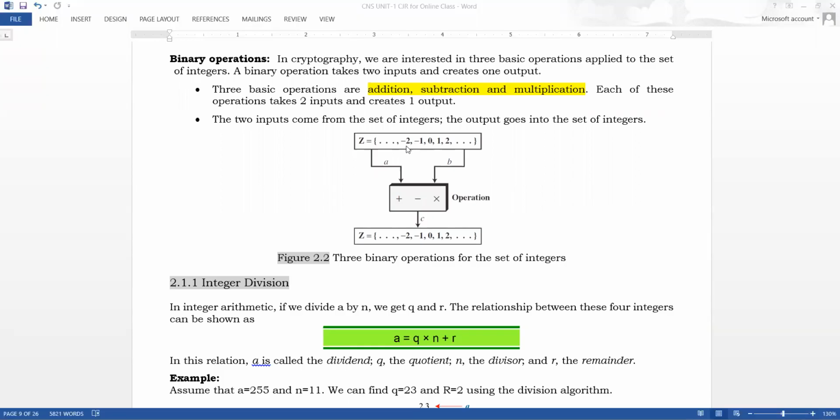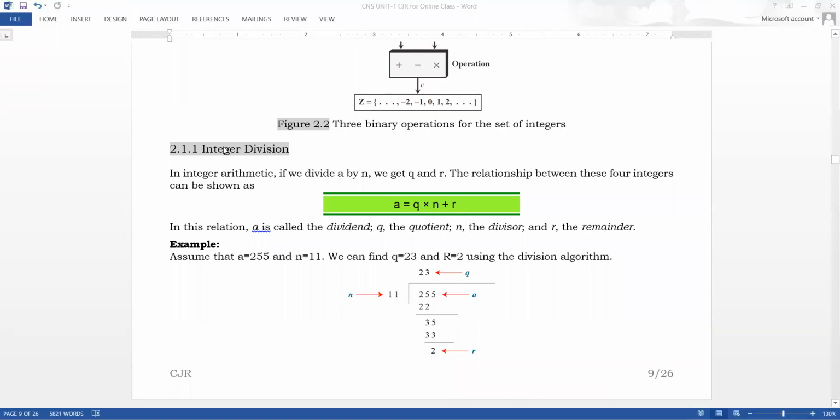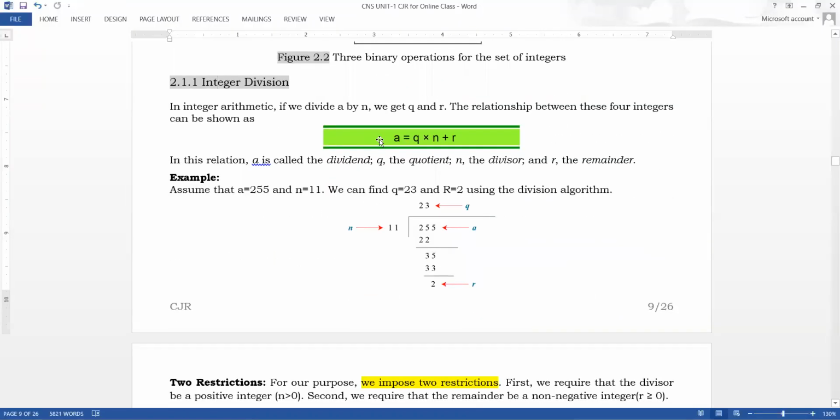And the division operation. If you take integer division, when you divide a by n, then you will get quotient q and remainder r. Always when you divide, you will get two results, one is quotient and another one is r.